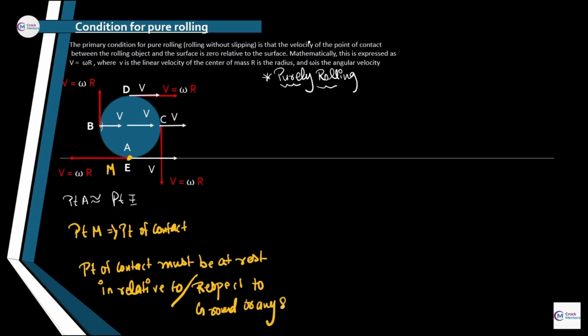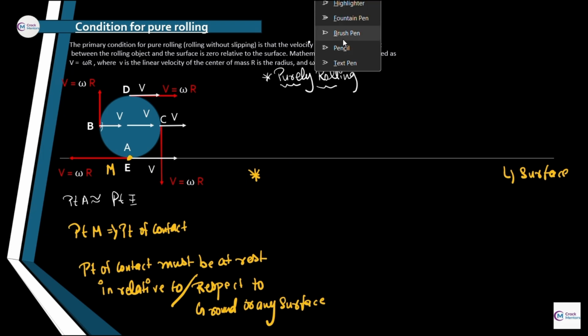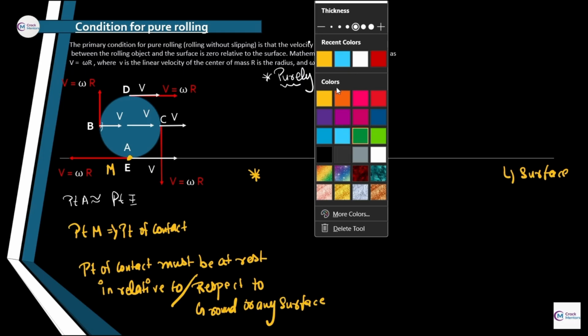Now what I am trying to convey, as we can see, is this is our surface, and here we have a body. There is a point M, which is also called the point of contact. Let me choose another color; red will be suitable.